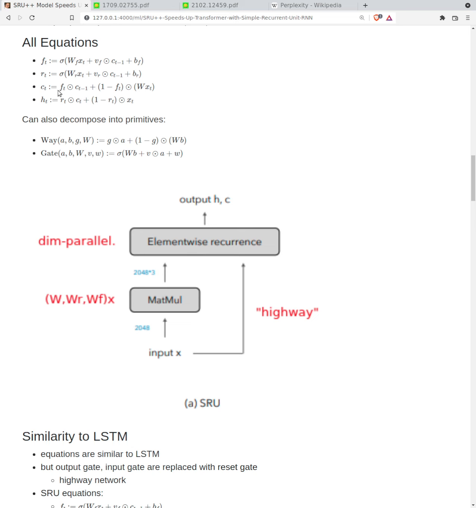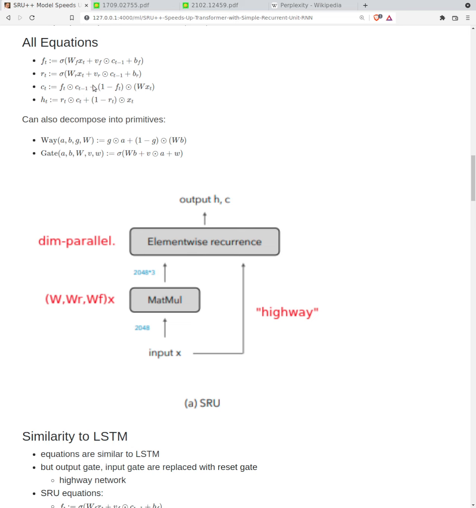So what you do is you first calculate the inner state, and the inner state is calculated as a highway with the input, and then you do something like this again, where you mix the state with the inner state into the output. Of course, in the inner state itself, you use the previous inner state.